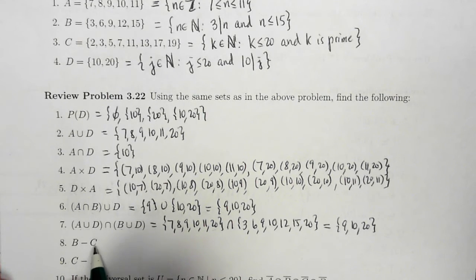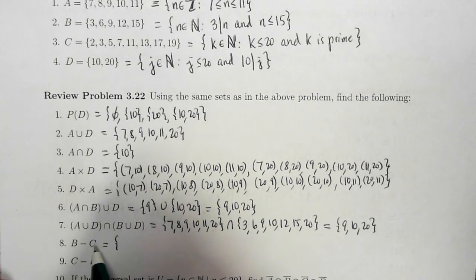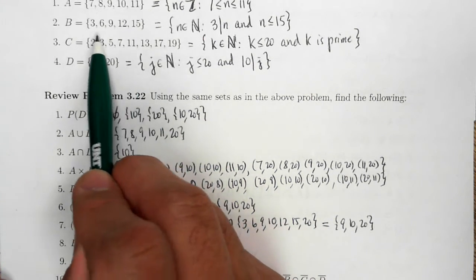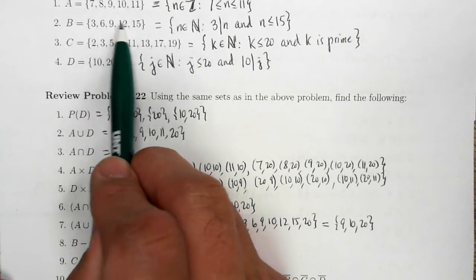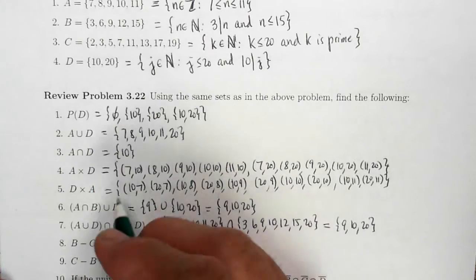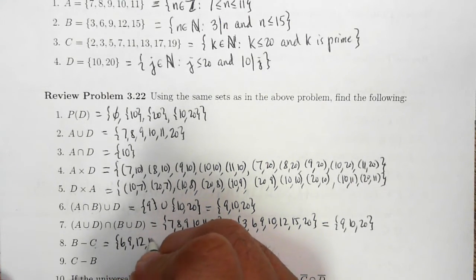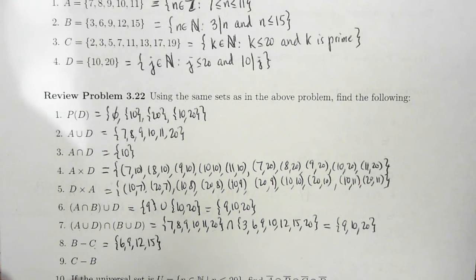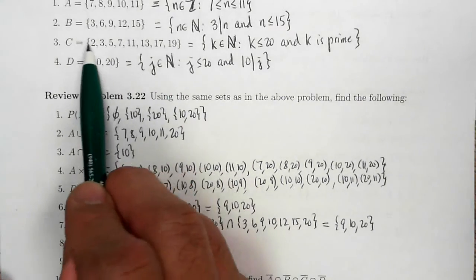Okay, B minus C. This means everything that's in B but not in C. So what's in B but not in C? Well, 3 is in C, so I don't want to list that, but all these other things are not in C. So 6, 9, 12, 15. C minus B. What's in here that's in B?